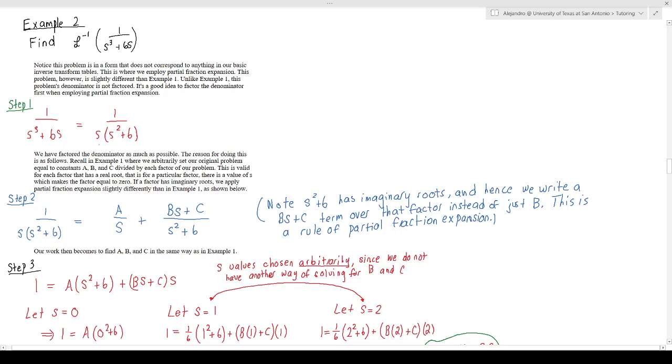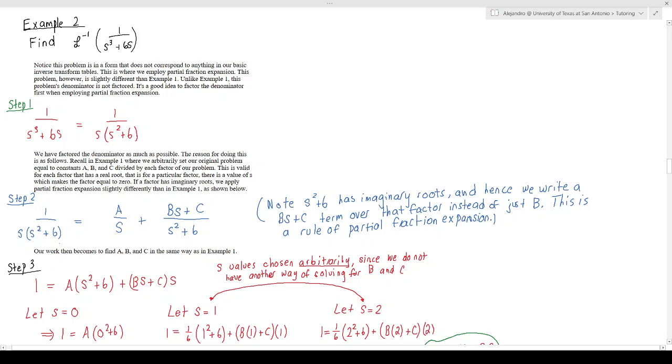And that's the essence of partial fraction expansion. We want each individual factor here so that we can write our equivalent fractions. All right, and that's step one.